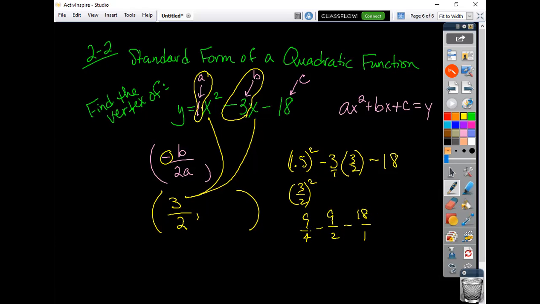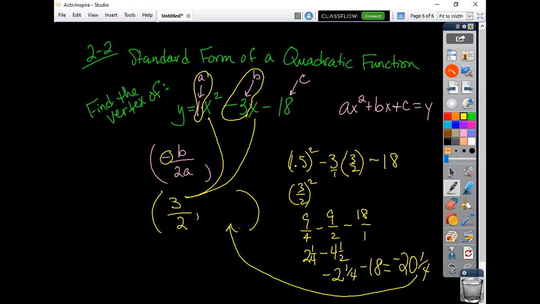If you want to change it to decimals at some point, whatever. Because like this, 9/4, that's 2 1/4. 9/2, that's like 4.5. So 2 1/4 minus 4.5 would be a negative 2 1/4. And take off another 18 and we end up at a negative 20 1/4.